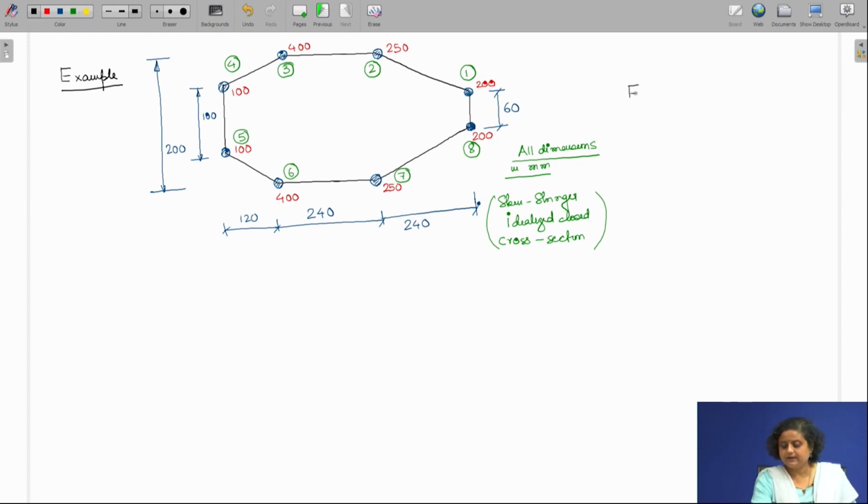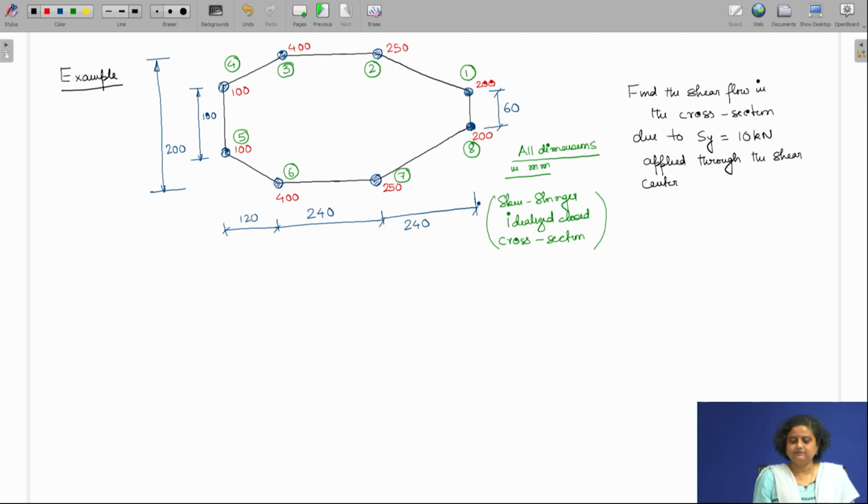Find the shear flow in the cross section due to Sy equal to 10 kilonewton applied through the shear center, along the y direction.